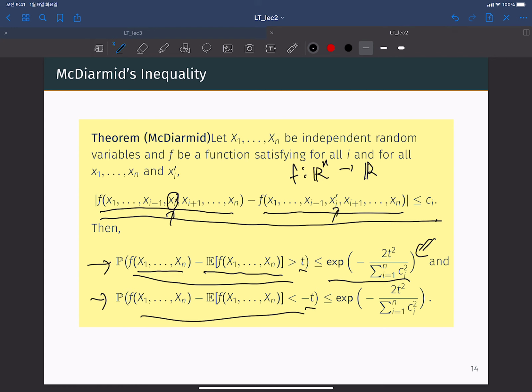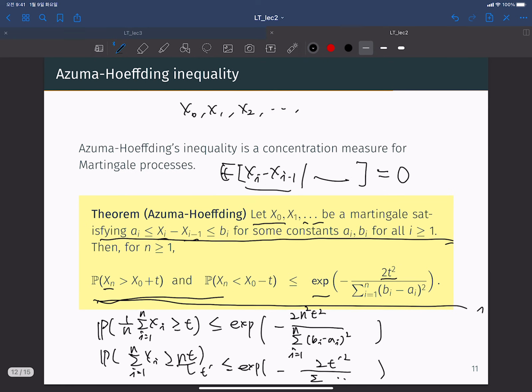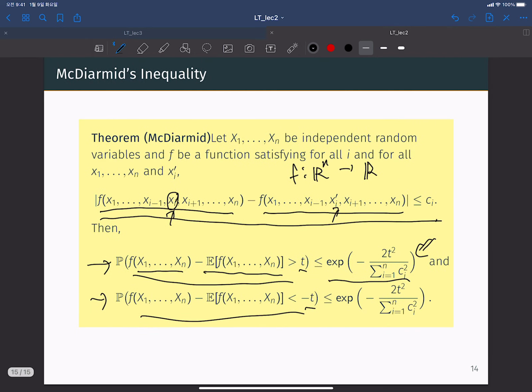As you notice, this inequality has a shape almost identical to the Azuma-Hoeffding inequality. We just replace bi minus ai by ci, right? And the proof of McDiarmid's inequality is just a simple application of Azuma-Hoeffding's inequality. So this is also your homework. Okay.